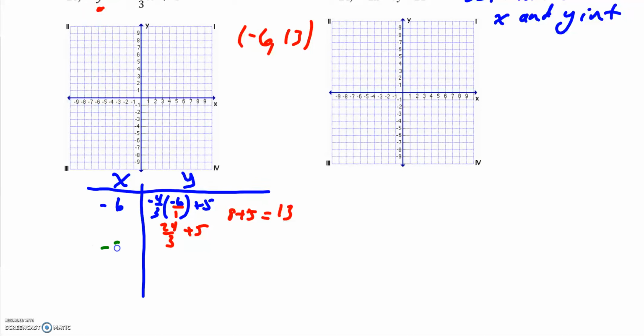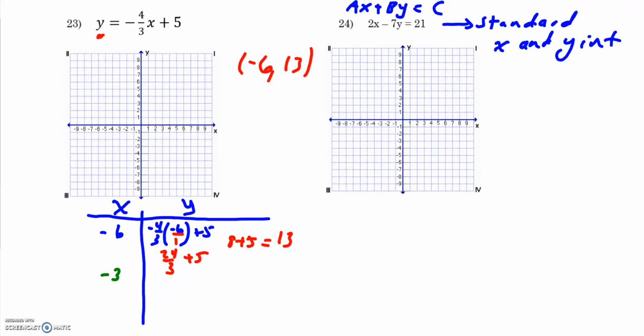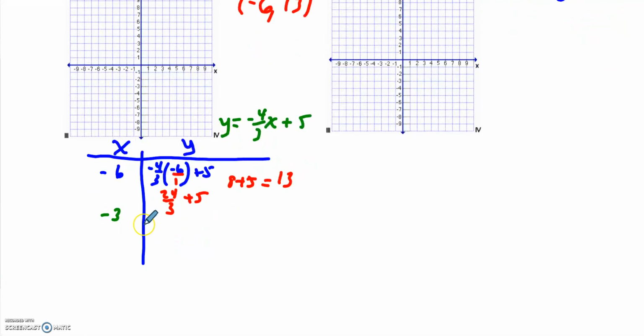The next value I had before to plug in was -3, because it's also divisible by 3, because we're plugging everything, and let me rewrite it down here, into y equals -4/3 x plus 5. So if I take -4/3 times -3 this time, plus 5, that is the same thing as -4/3 times -3 over 1. -4 times -3 is positive 12 over 3 plus 5. 12 divided by 3 is 4.